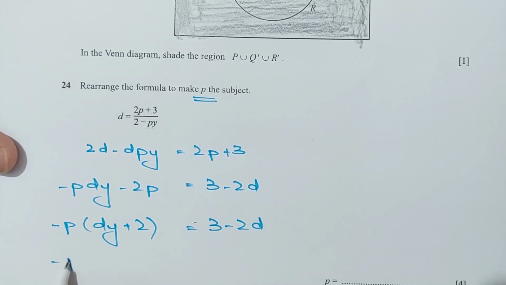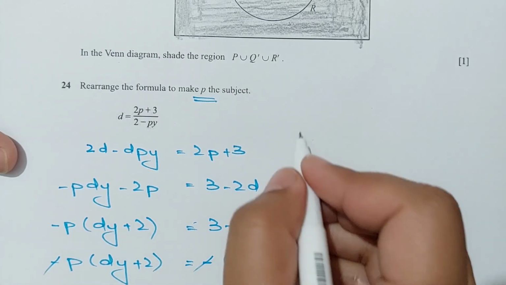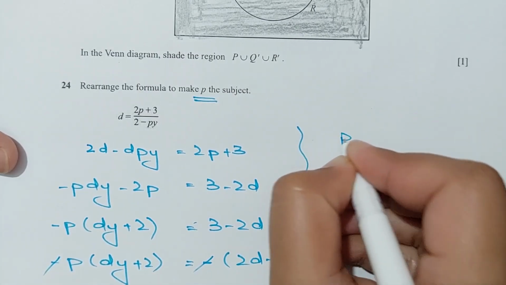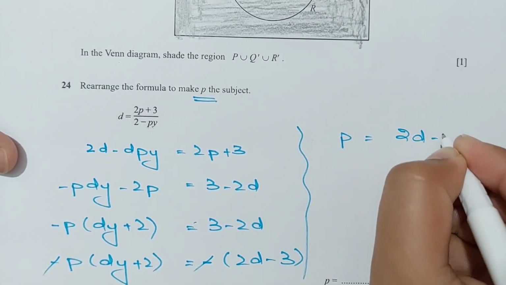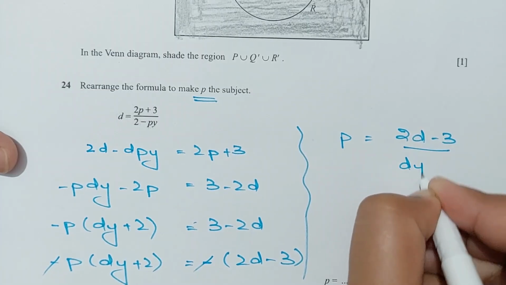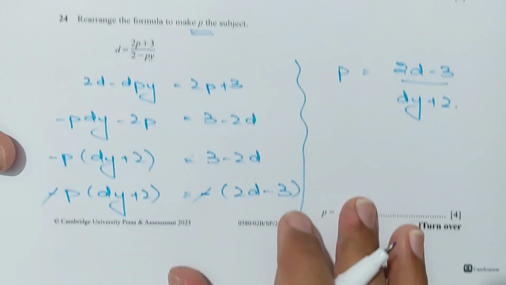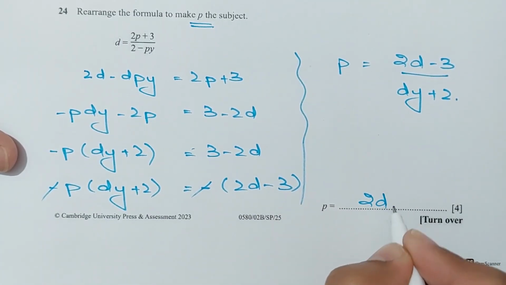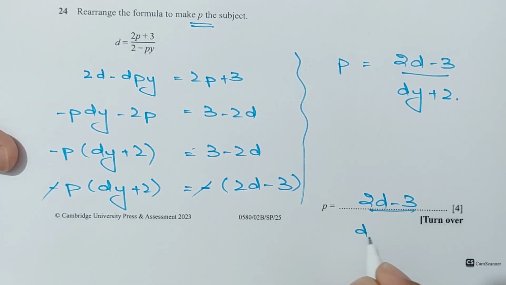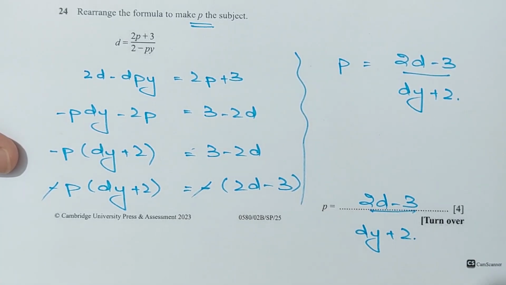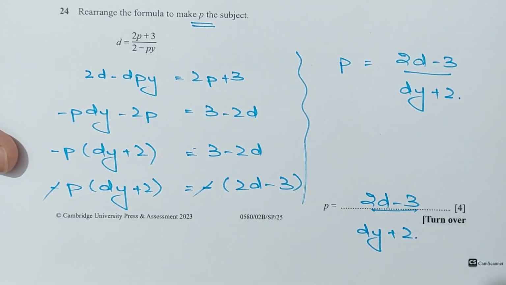Take negative 1 common, so 2d minus 3, the negative and negative signs cancel out. So the p value is 2d minus 3 over dy plus 2. This is the arranged form of the formula by making P the subject.